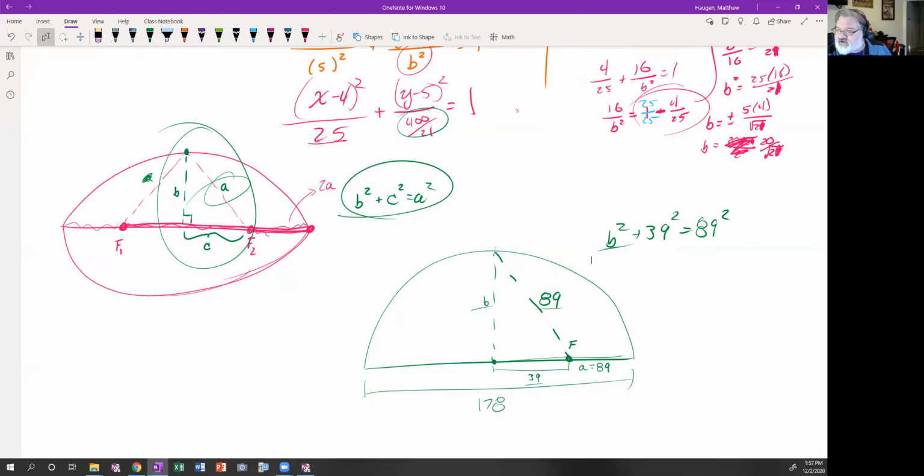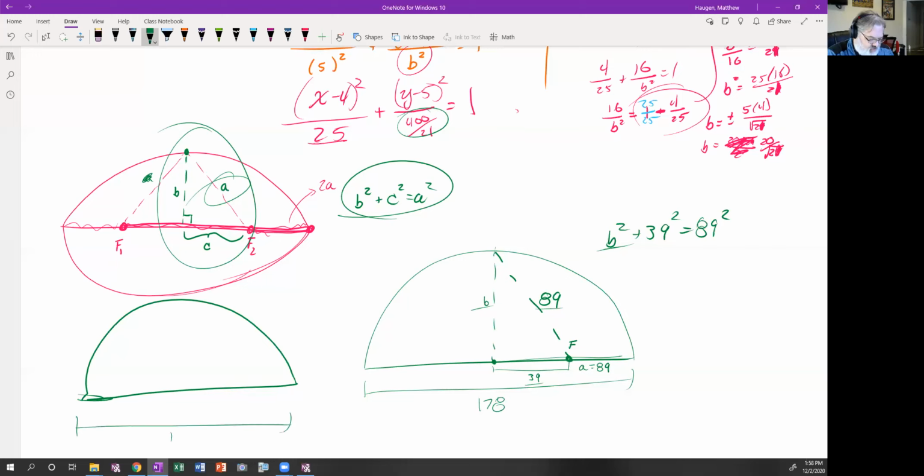14 real quick. In some ways it's similar, except we don't care about the focus here. We're told we have an elliptical bridge arch. Arches are often elliptical in practical applications. It is 110 feet wide, so you can probably guess we're going to care about that 55 radial length.